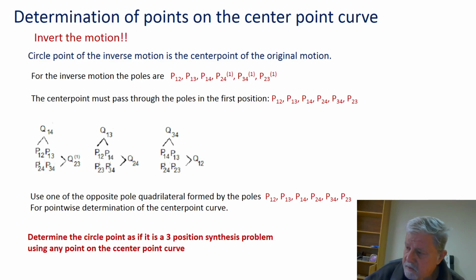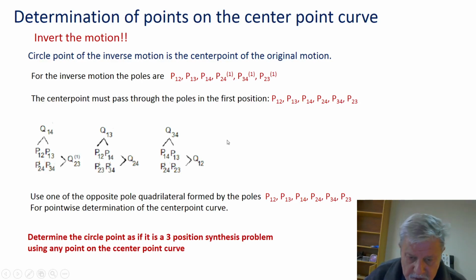It's simply by kinematic inversion. For the circle point, you use the image poles in the first position. For the center point, you use the original poles that you have found, not the image poles. That's all. That's very easy.